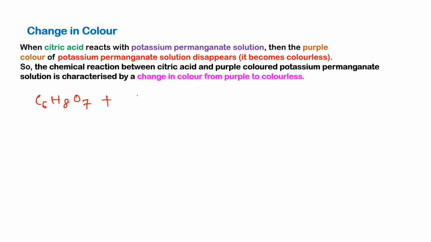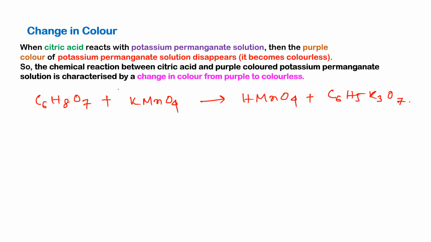Whenever it is reacting with potassium permanganate, that is KMnO4, we are able to get HMnO4 and C6H5K3O7. In this chemical reaction, the hydrogen is replaced by the potassium and the potassium is replaced by the hydrogen.